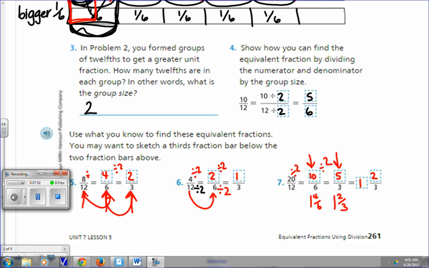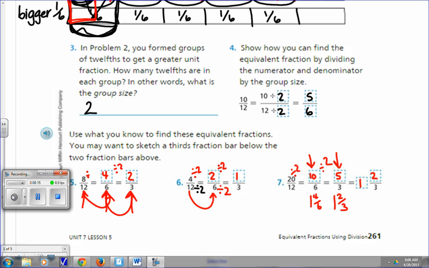We can't divide 5 by 2, can we? Well, you could, but you'd be making fractions out of fractions. Does that make sense? Yes. So you've divided it out enough. Now you need to make it a mixed number, and the mixed number would be your simplest form. Okay? Let's go. This is one tactic.